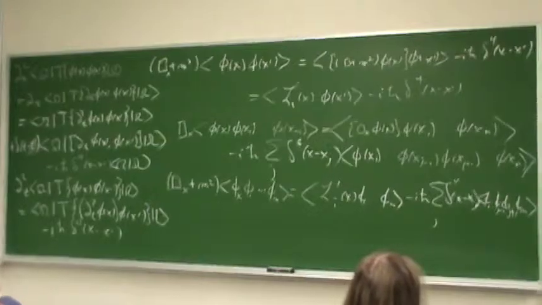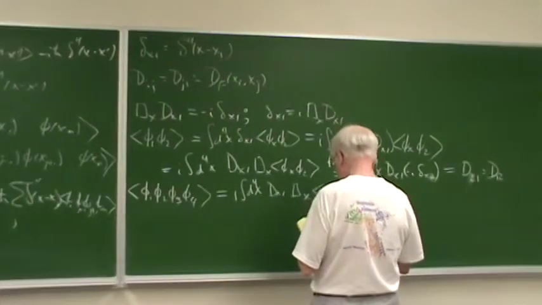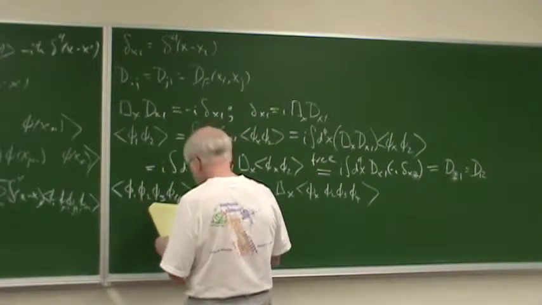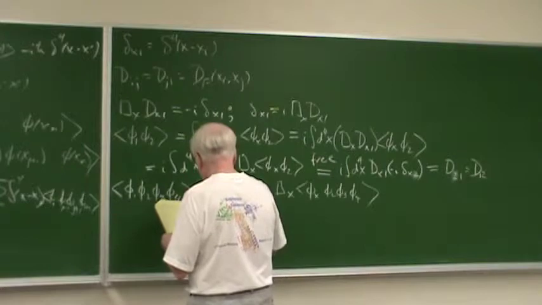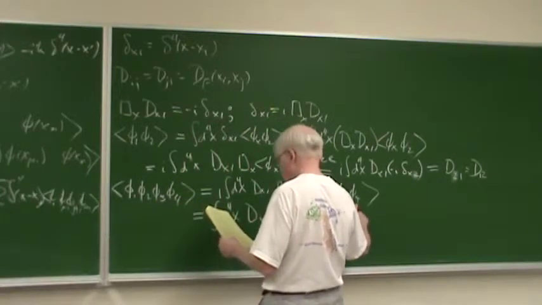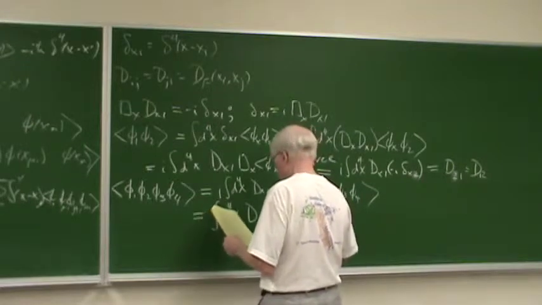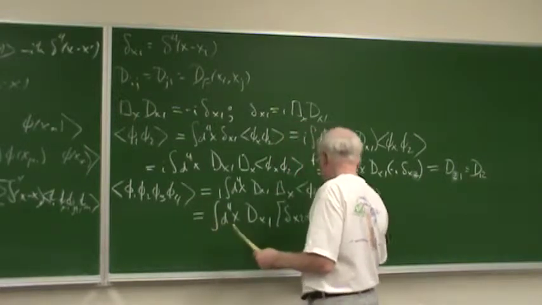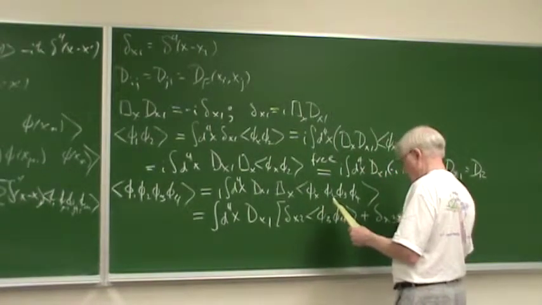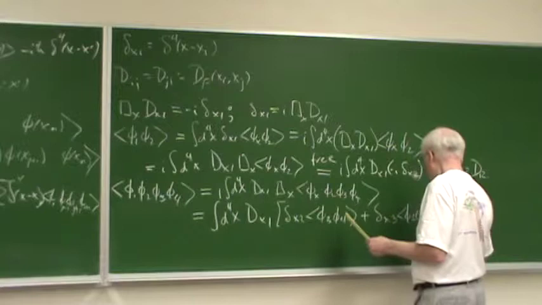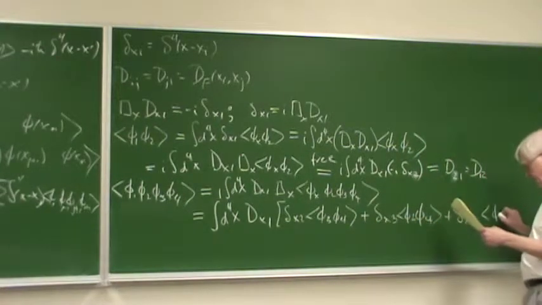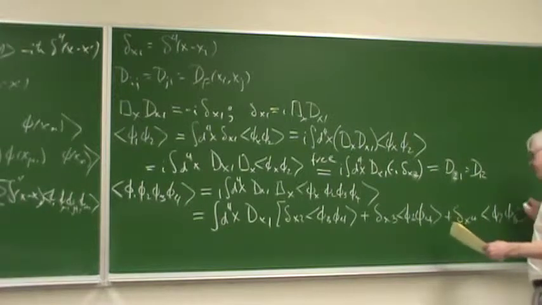And we have an i here, and so what that gives us is the integral d4x dx1, and then the Schwinger-Dyson expression for this is delta x2 phi 3 phi 4 plus delta x3 phi 2 phi 4 plus delta x4 phi 2 phi 3.